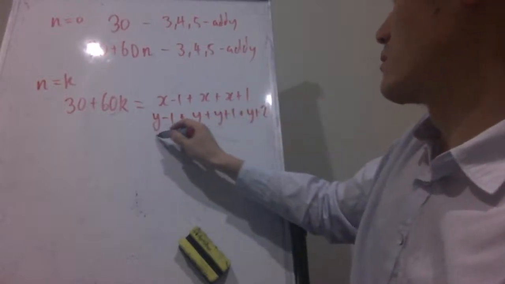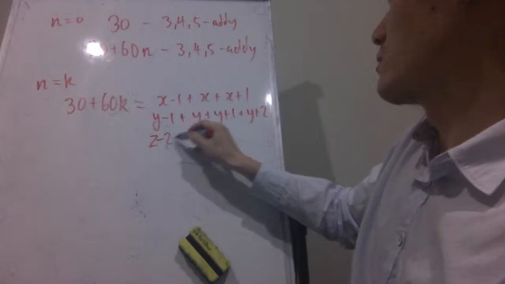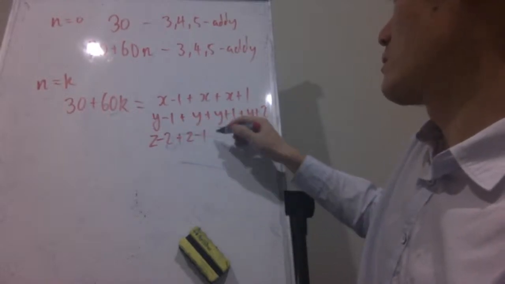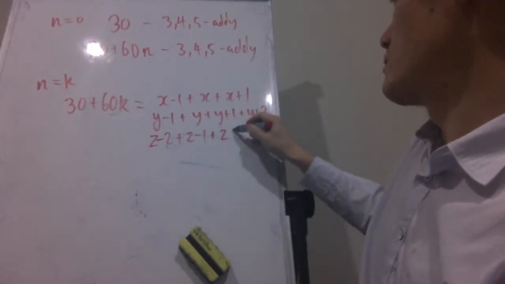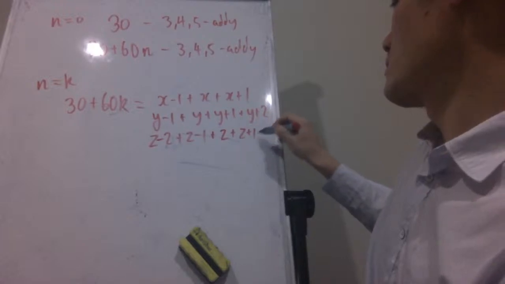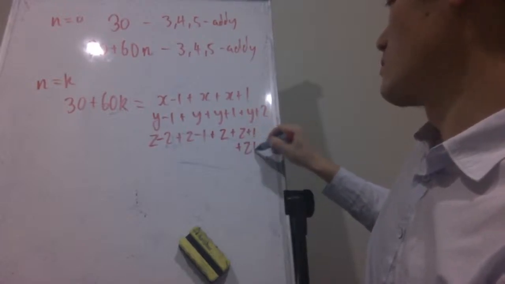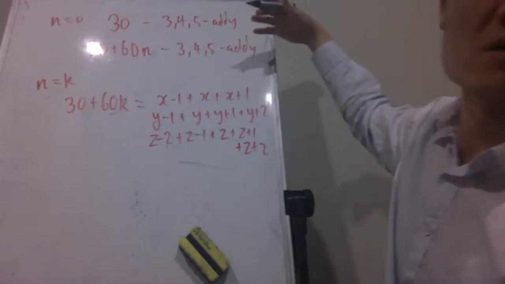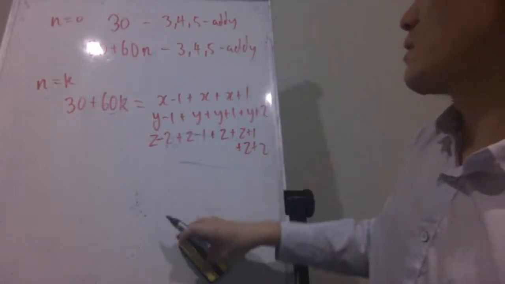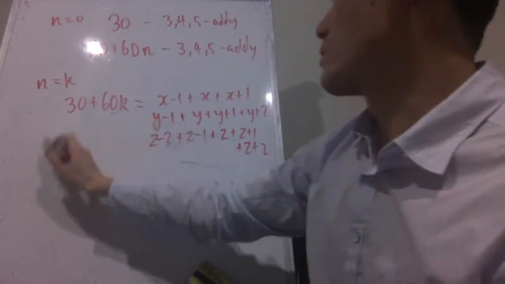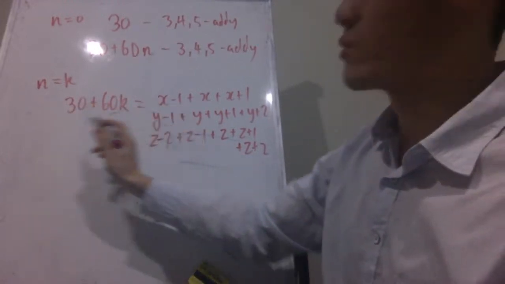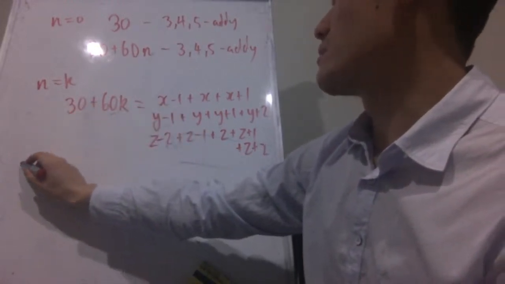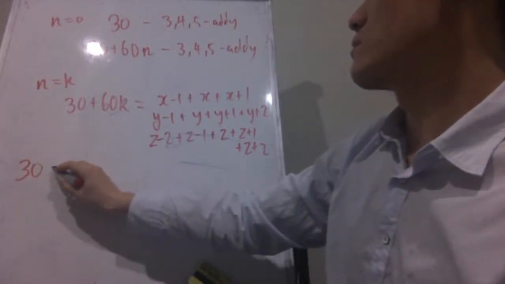And it's also equal to z minus 2 plus z minus 1 plus z plus 1 plus z plus 2, right? I mean, we can do this directly, but I just want to illustrate what induction is. Okay, so we assume this is true, yeah? And then we want to prove that that implies the next one's true, okay?